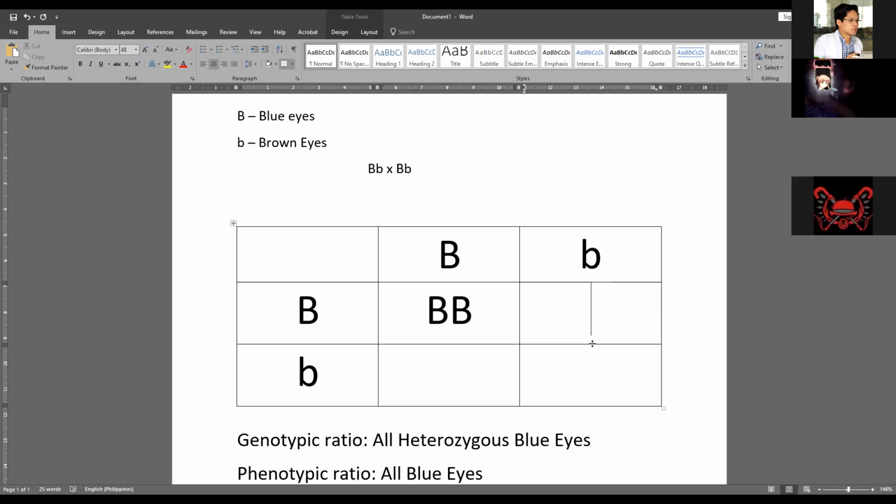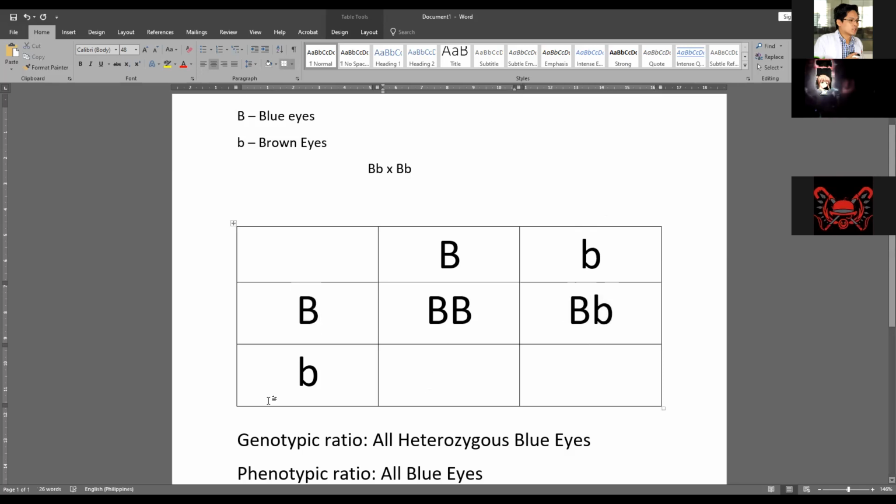Yes, sir. So you need to write first the capital letter because it is dominant over the small letter b, which is brown eyes. So blue eyes is dominant over the brown. So the small letter b came from the male parent and the capital letter B came from the female parent.